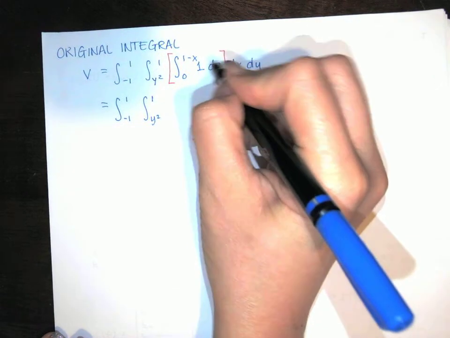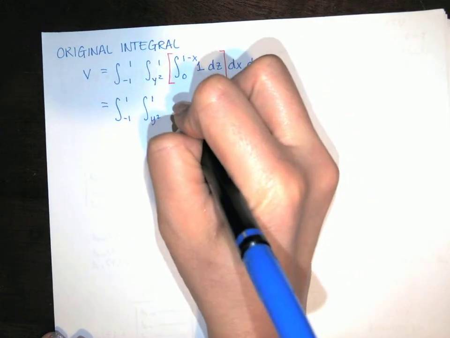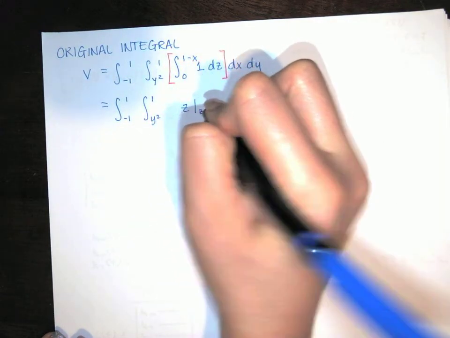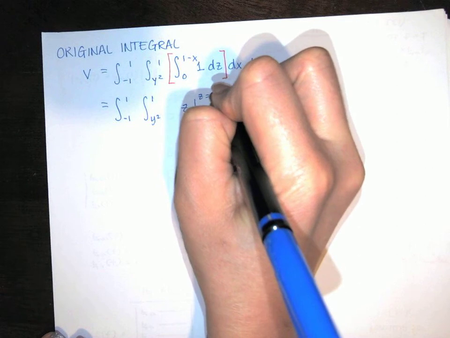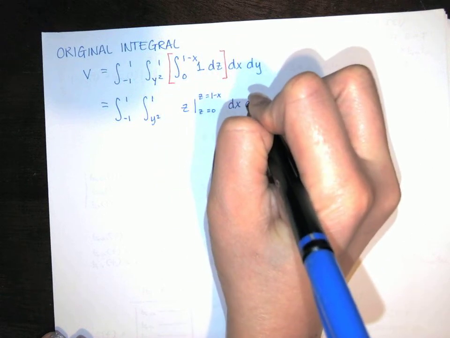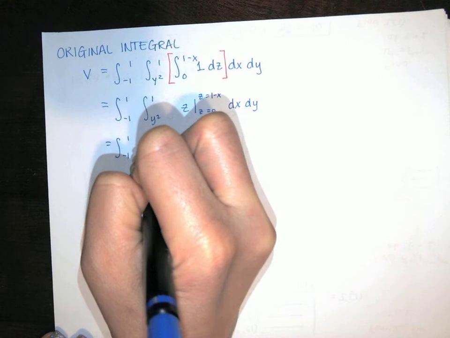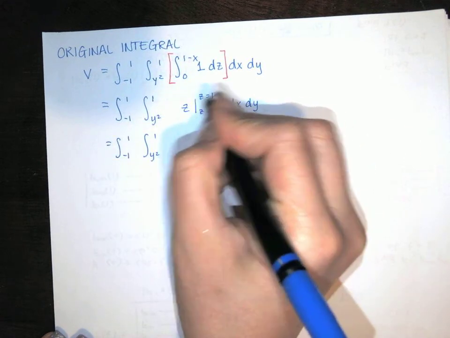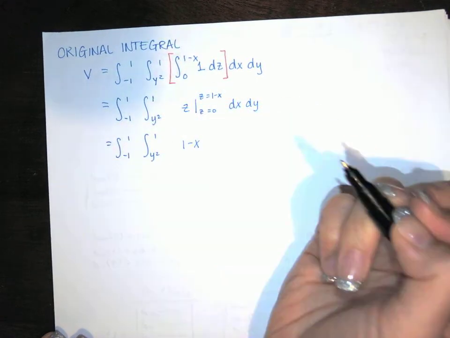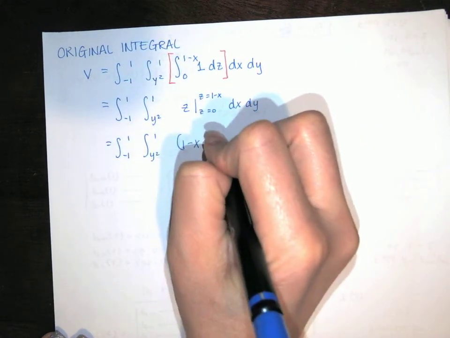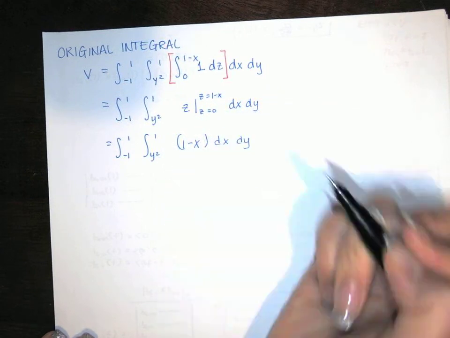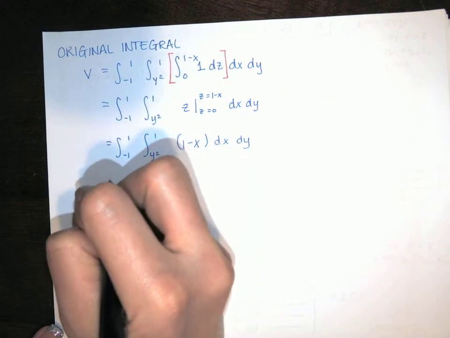So we integrate 1 with respect to z, we get z, and evaluate from z equals 0 to z equals 1 minus x. And I substitute in 1 minus x, I get 1 minus x minus 0. And then we anti-differentiate this with respect to x.